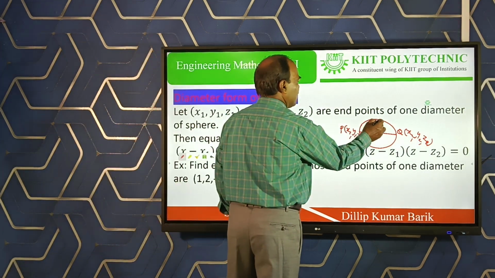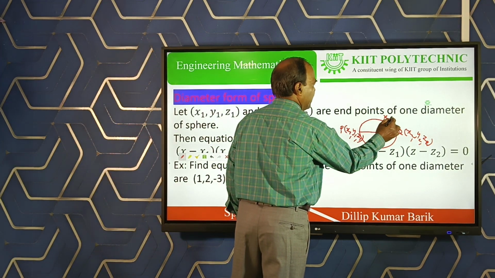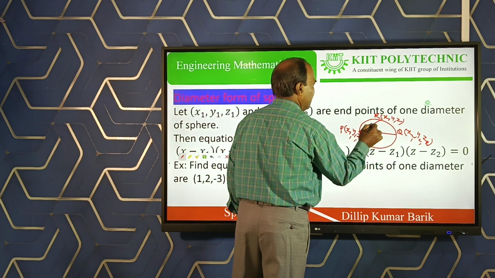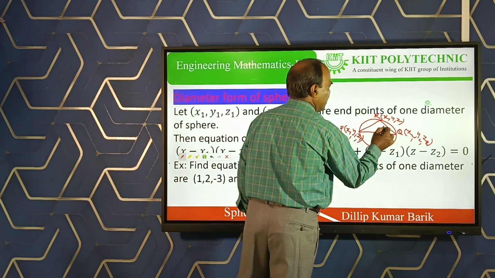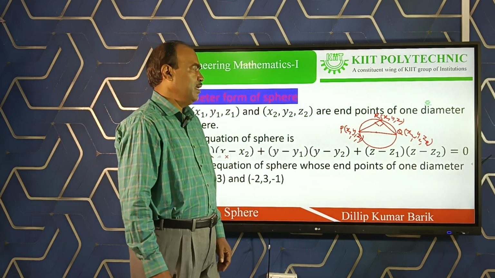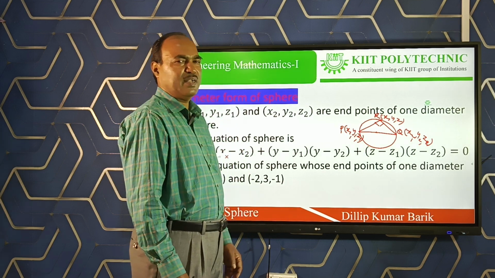Clearly, if I take any point R on the sphere with coordinates x, y, z and join PR and QR, this angle is 90 degrees, because the angle in a semicircle is a right angle.